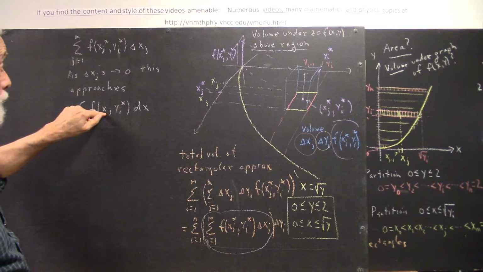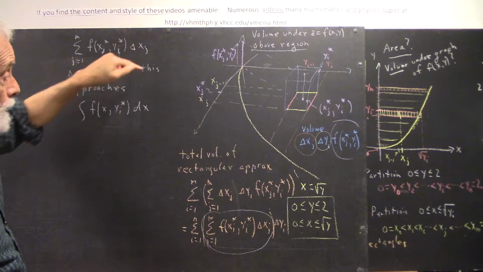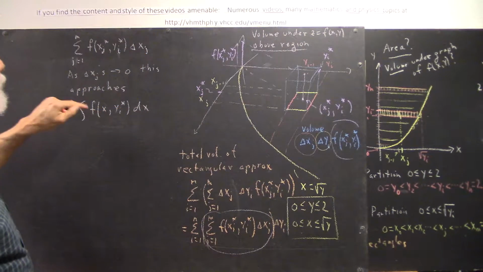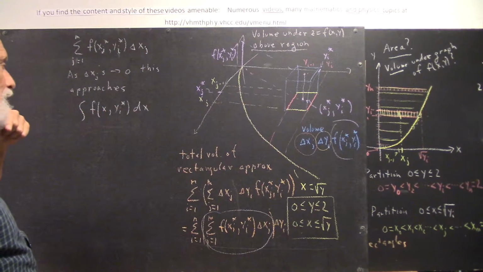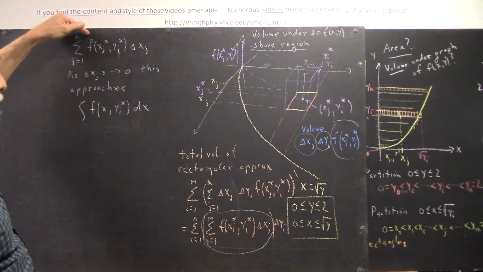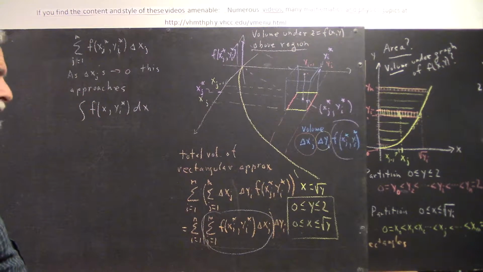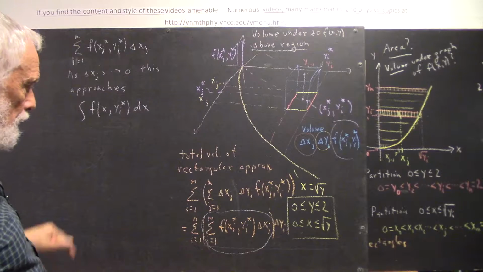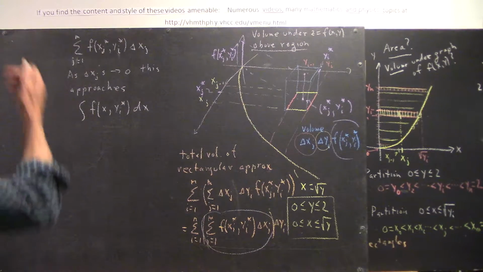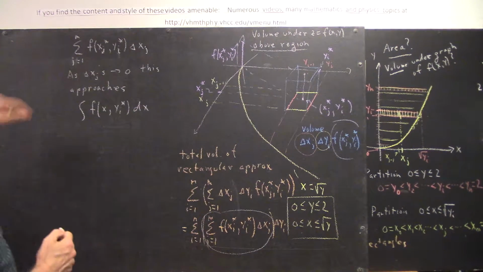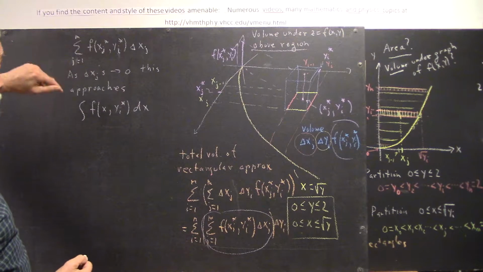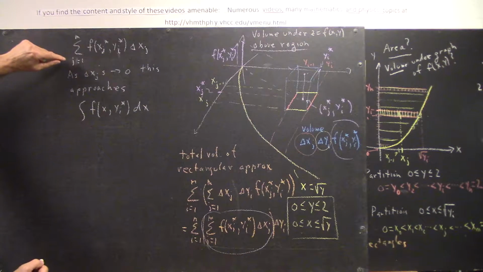So you just talk about f of x, and your delta xj's become dx's. So this sum approaches this integral. I don't want to say too much more about that right now. If I get too technical, it's going to become more difficult. I think you have an intuitive idea of that. We want to make it more rigorous, but right now let's leave it where it is.